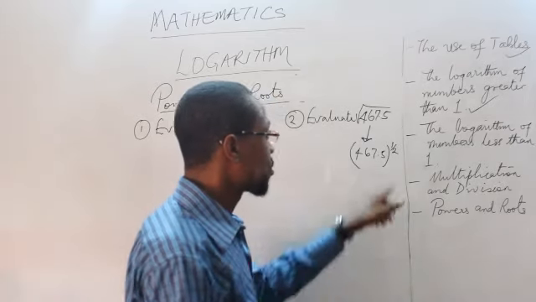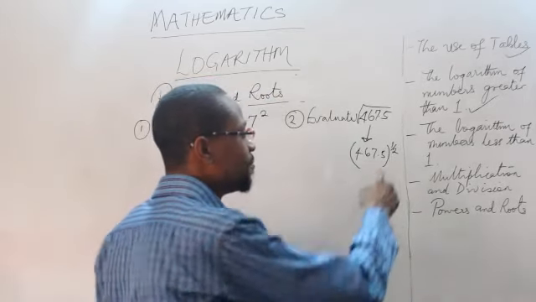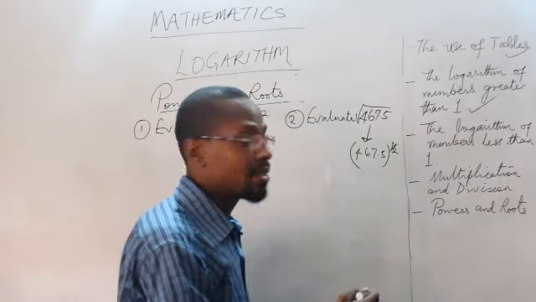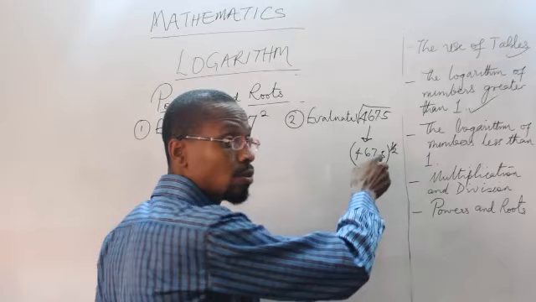So in this case, what you do is you divide. There's a division sign here, right? So you divide by 2.